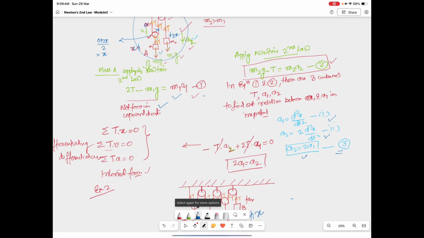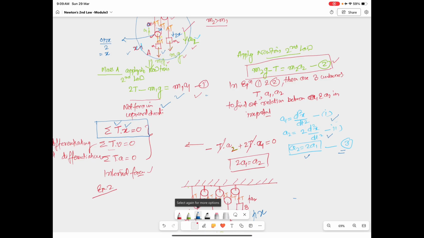So force into displacement is equal to the work done. For this system, sigma of T x for all the internal forces which are giving a displacement will be equal to 0. Here x is only a symbol, not related to the earlier x.